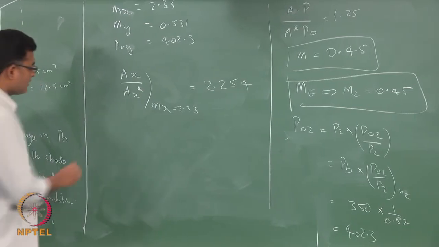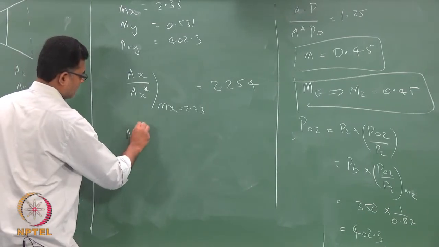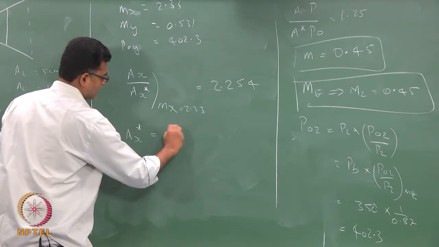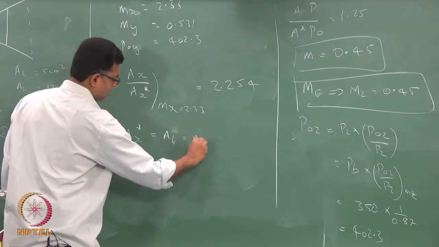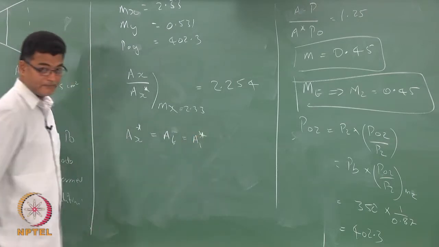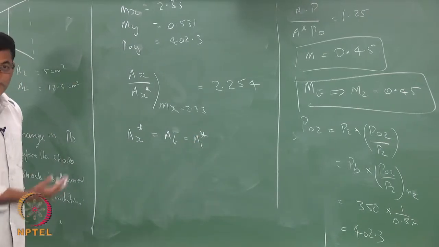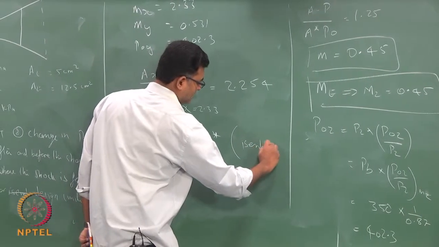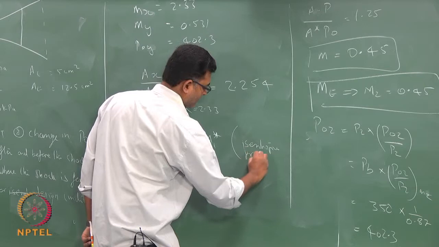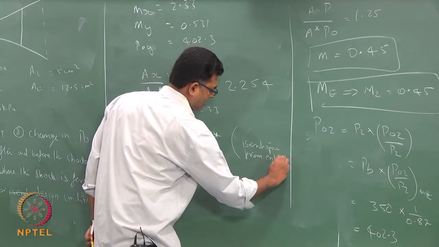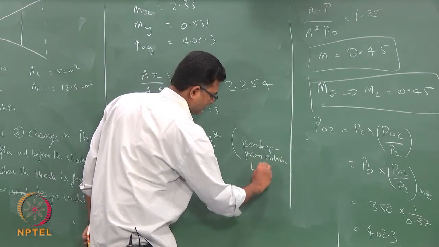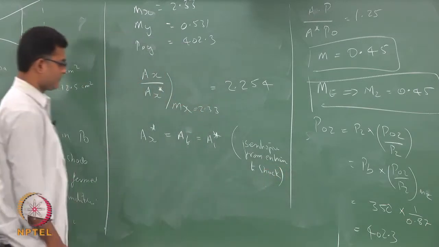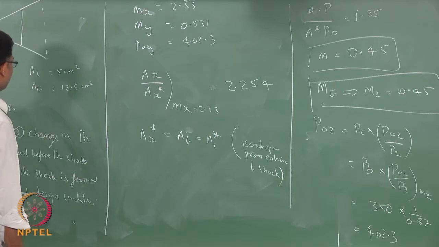But Ax star is our A throat star, which is our A1 star, because that is an isentropic flow from entrance to shock, which is given as 5.